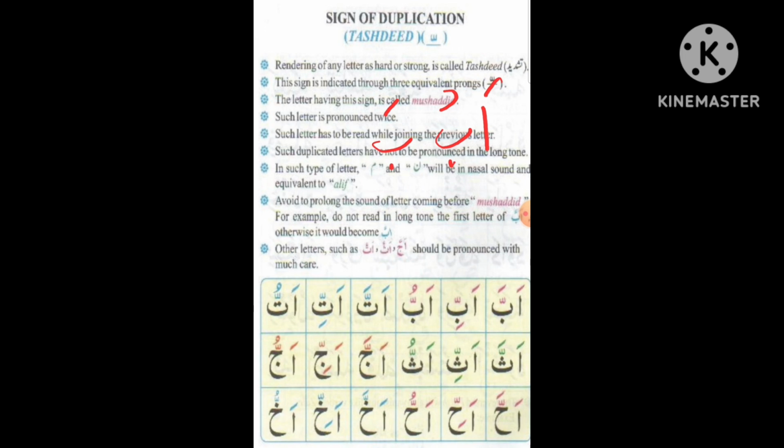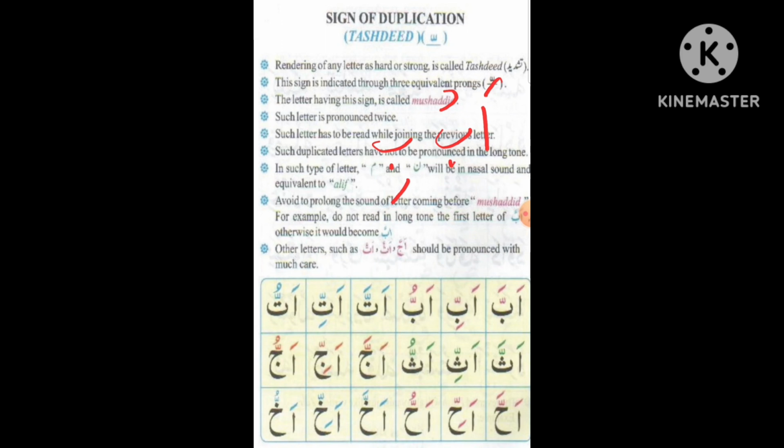Then we see the next word. It is Alif Zabar A, but we have a Tashdeed over the Ba. So we will not only read Alif Zabar A, we have to join one Ba with the Alif. So we join Alif Ba Zabar Ab, and as the Ba has Zair, we say Ba Zair Bi. See on the screen I am placing a Zair over the Ba. And how do we read it? Alif Ba Zabar Ab, Ba Zair Bi, Abbi.